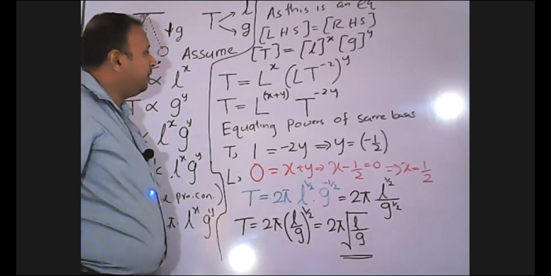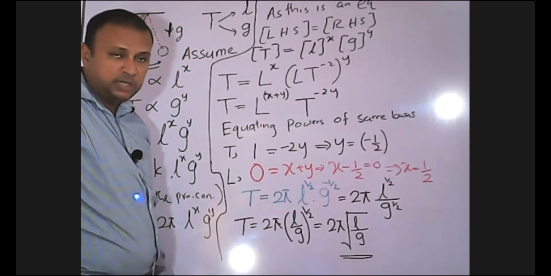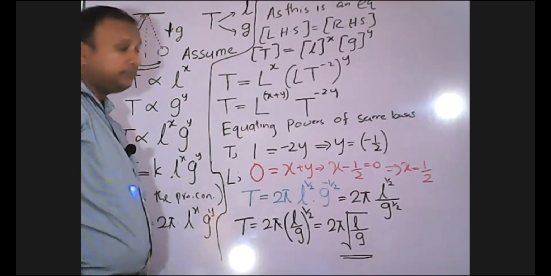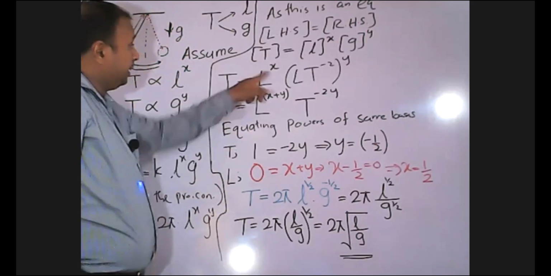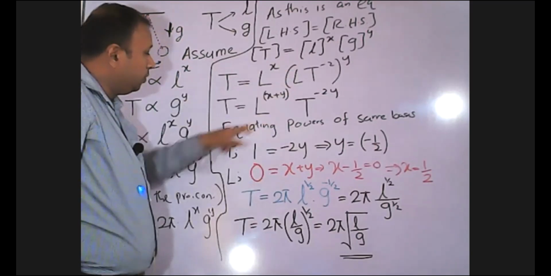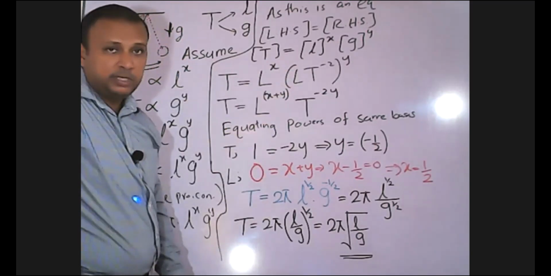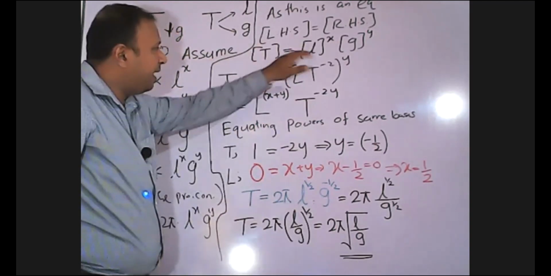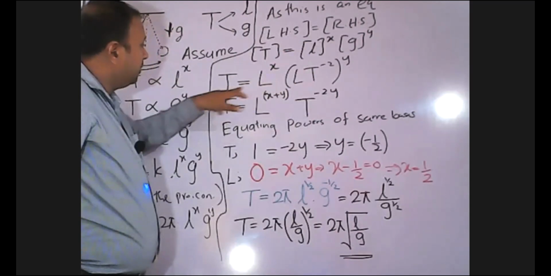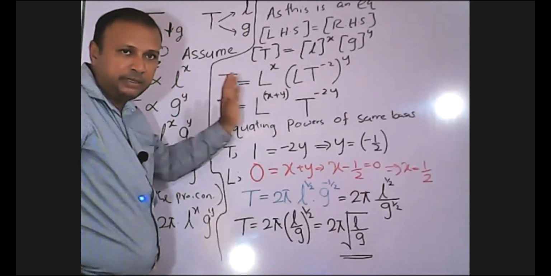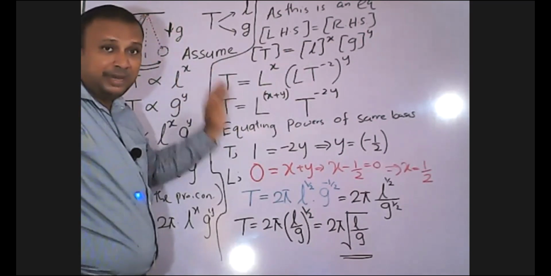When you apply the dimensional analysis method, you should simplify this before you equate the powers of the same bases. The first thing you have to do is simplify it as much as possible. On the left-hand side, it is normally M, L and T terms.